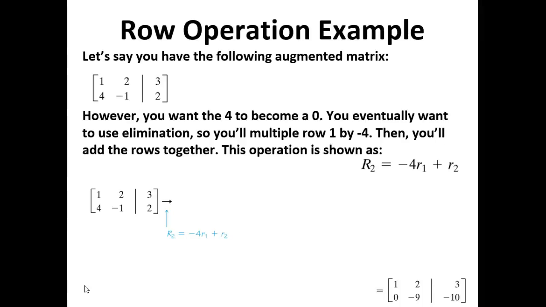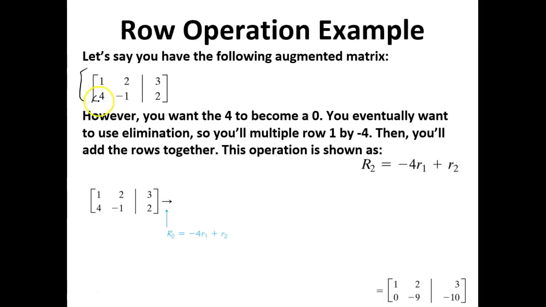Well, for example, let's say you have the following augmented matrix. Up here we have the matrix, and what we're trying to do is solve it. So we want the 4 to become a 0, and I'll explain a little more why later on.